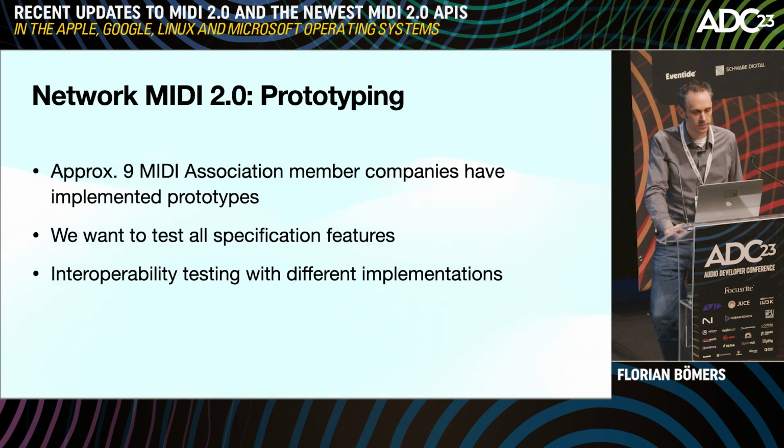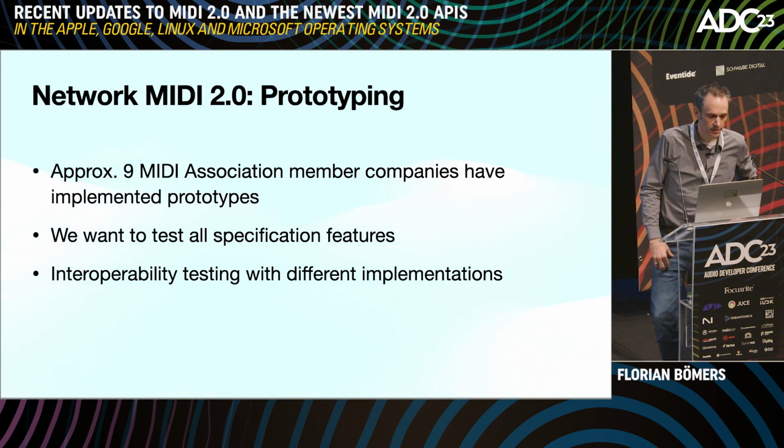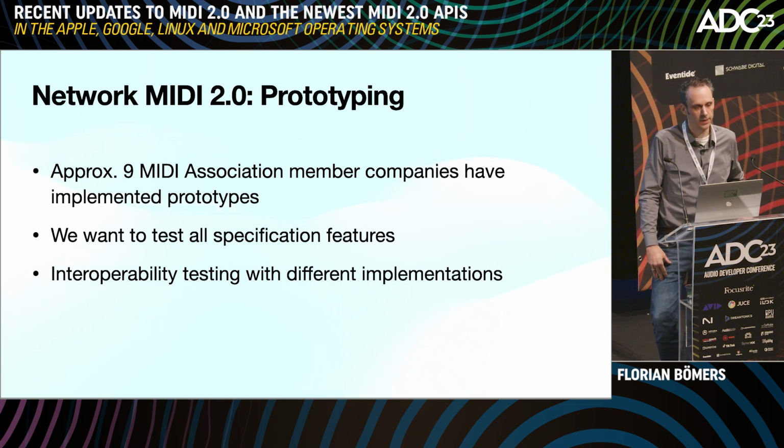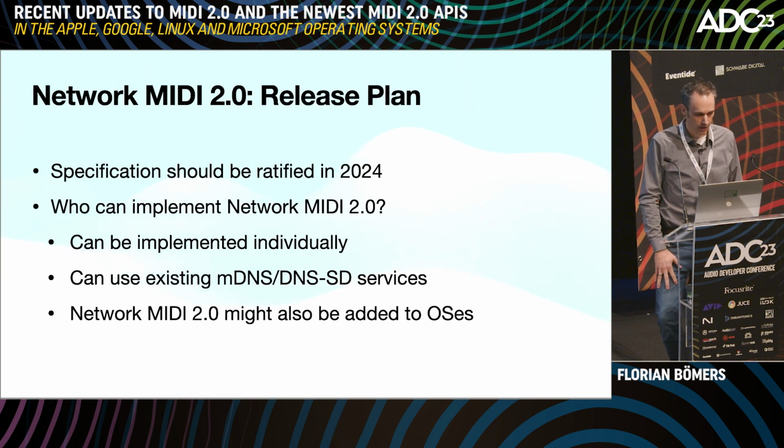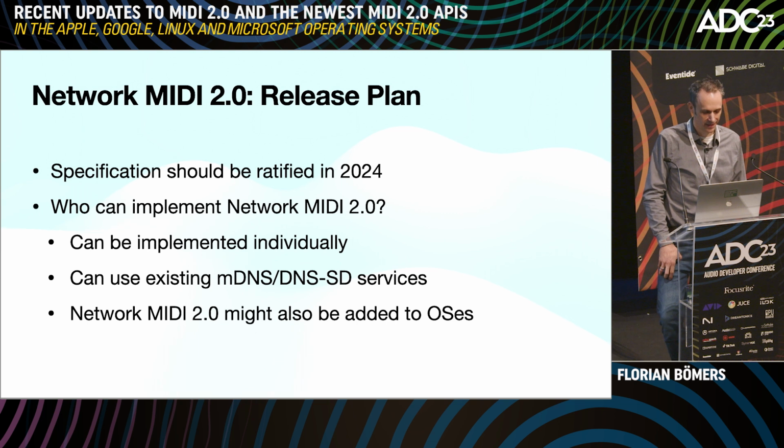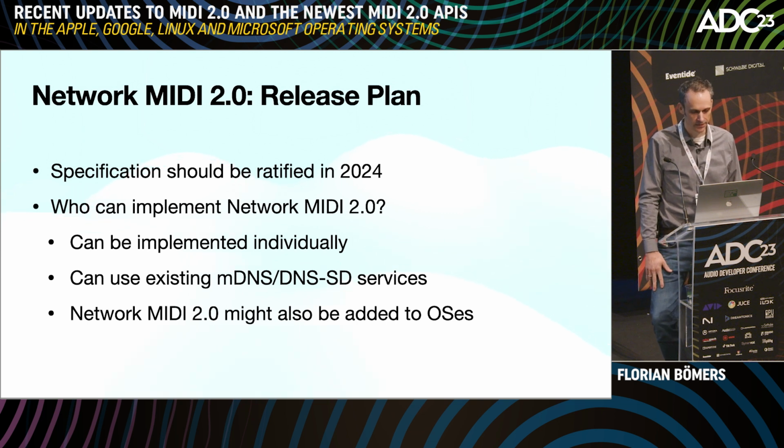So far, already 9 MIDI Association member companies have implemented the current state of the network MIDI 2.0 specification in our goal to test all features of the specification. And we're doing interoperability testing right now. So hopefully this means that we can ratify it rather soon, probably in 2024.